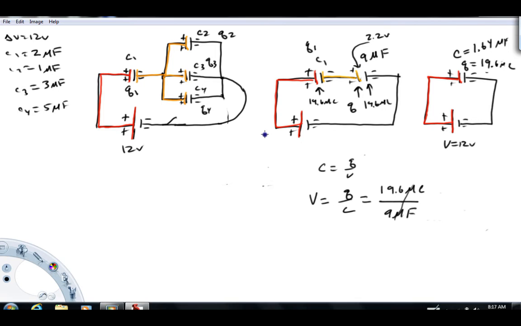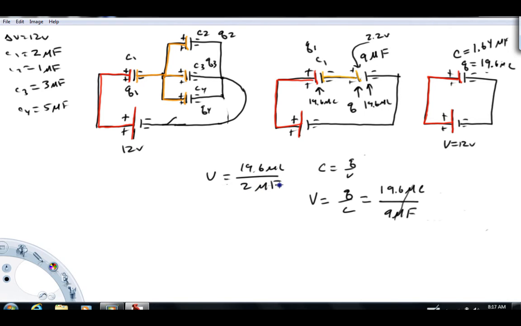Now, we can calculate the voltage on this capacitor similarly, right? So this one right here. The voltage across it is going to equal the charge, 19.6 microcoulombs, divided by the capacitance, C1, 2 microfarads.